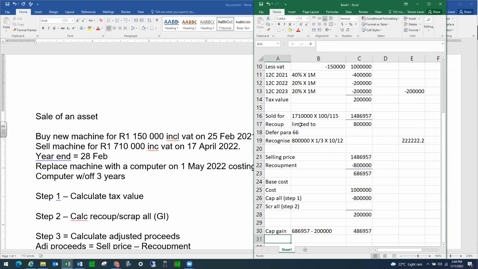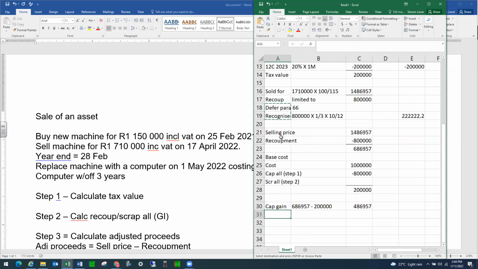Yeah. And look what I'm going to do. I'm going to do exactly the same thing for the capital gain that I did for the recoupment. And how much am I going to recognize? 486,957.